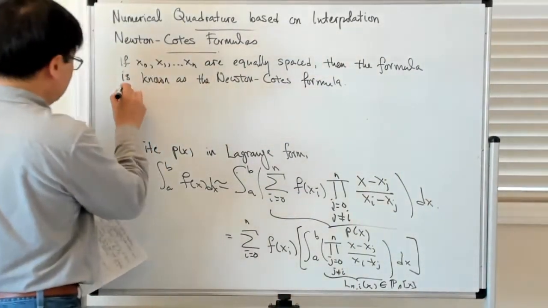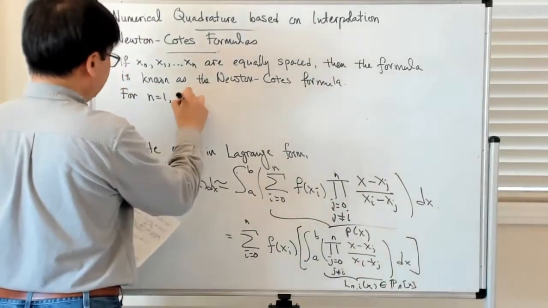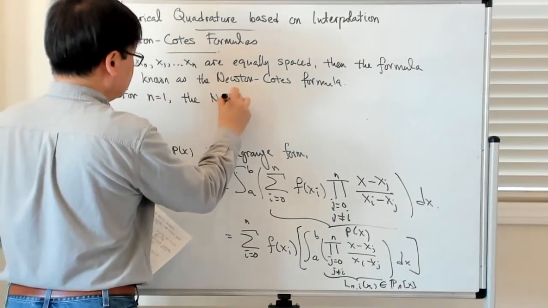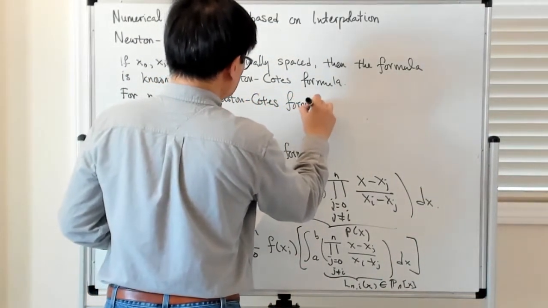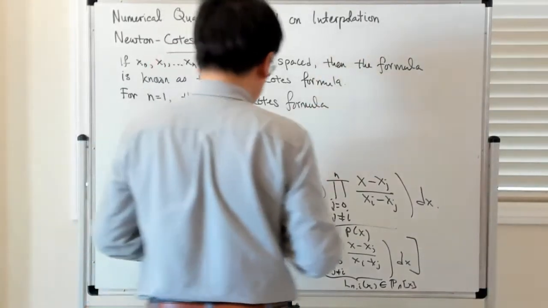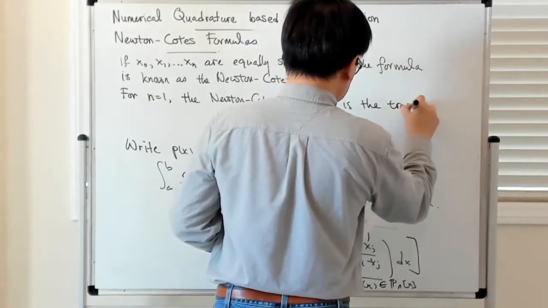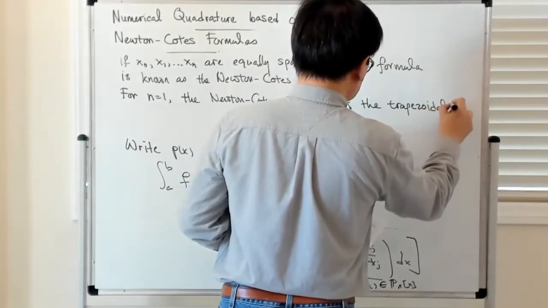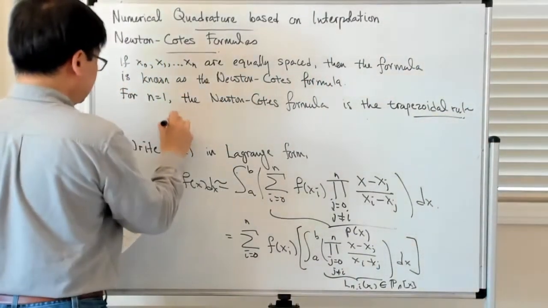So for n equals 1, the Newton-Cotes formula is the trapezoidal rule. You can check that that is indeed the case. All right, so let's see how we do that.